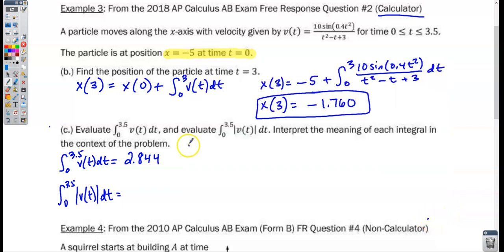So, okay, integral from 0 to 3.5. The integral of the velocity gives us the displacement.